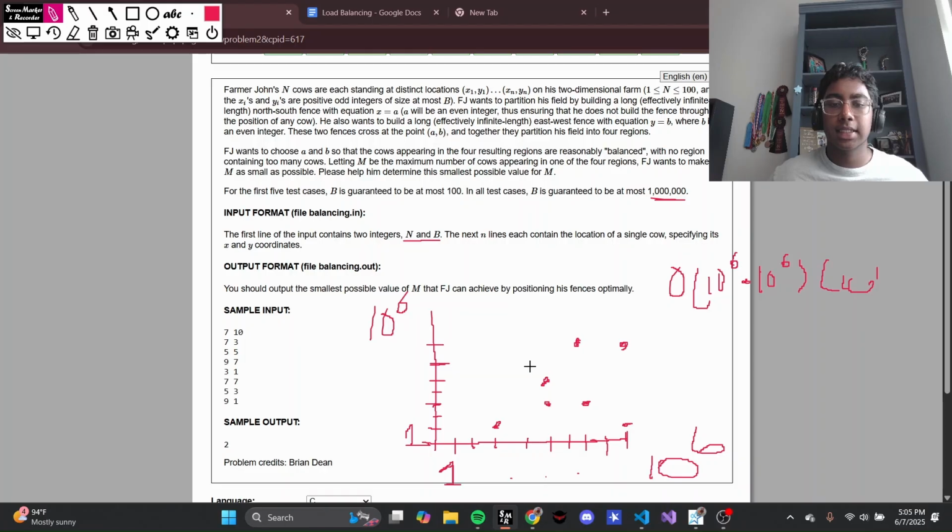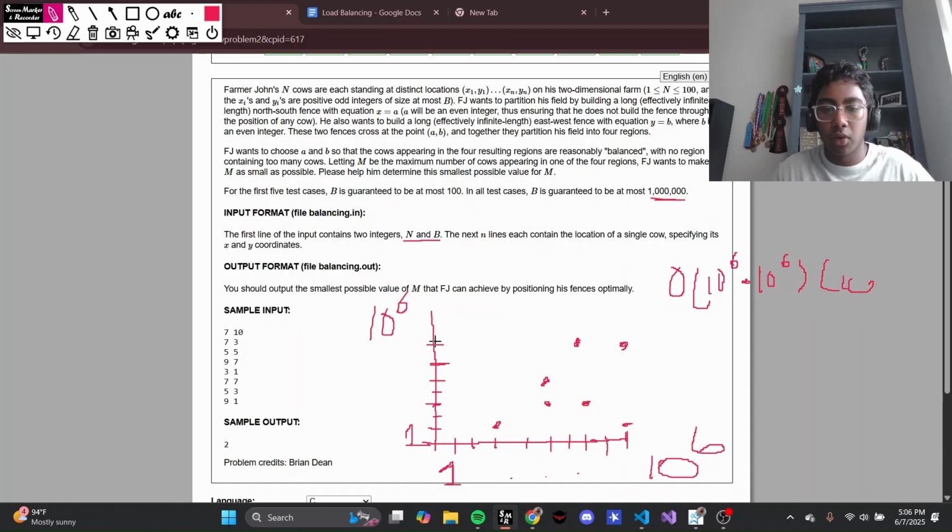Why this 10 to the 6 comes in is because for every single north-south fence that you try, which is x equals some point, x could equal anything from 1 to 10 to the 6. So you get a 10 to the 6 factor for every vertical fence, and then the same thing for all the east-west fences.